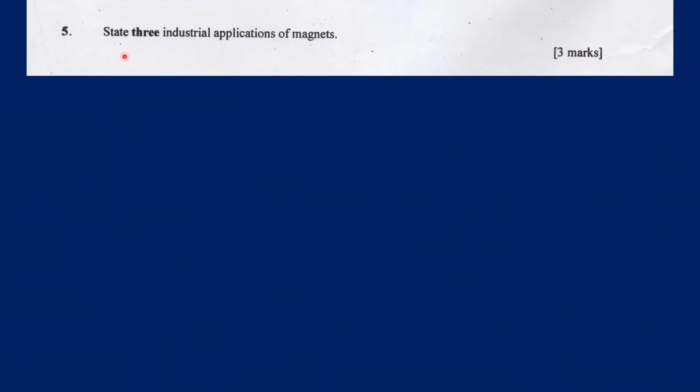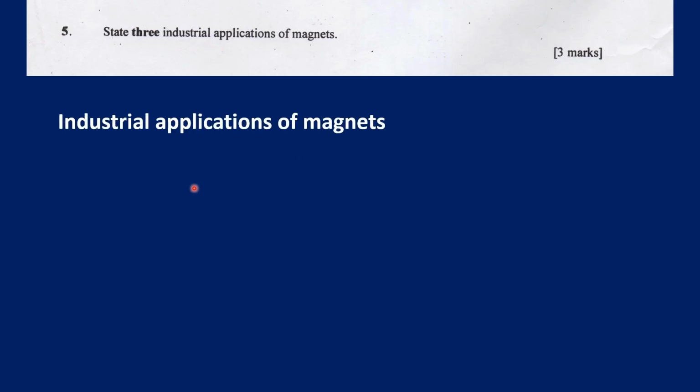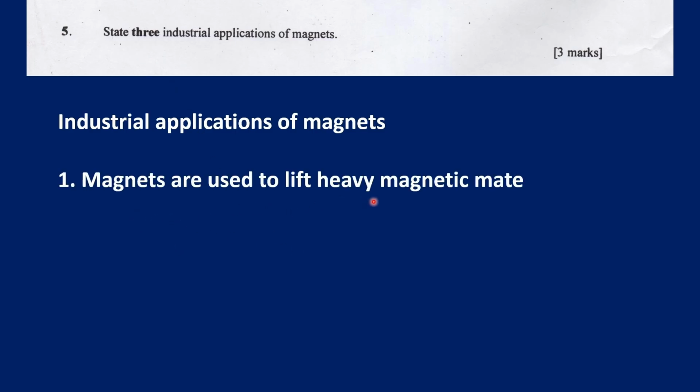Question 5. State 3 industrial applications of magnets. Now there are a lot of applications of magnets, and we are to state 3 of them. This is a straightforward question. Now magnets are used to lift heavy magnetic materials in the industry.